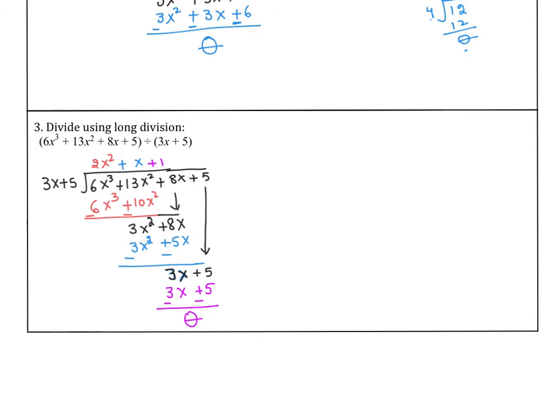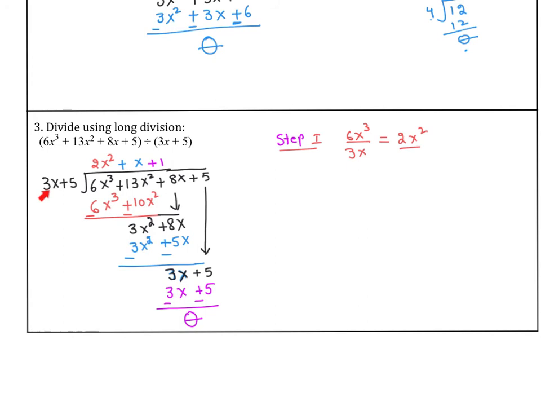Step number 1, we decide what number to multiply by, dividing 6x cubed by 3x. 6 divided by 3 is 2, x cubed divided by x is x squared. So the first number that we want to multiply is 2x squared.